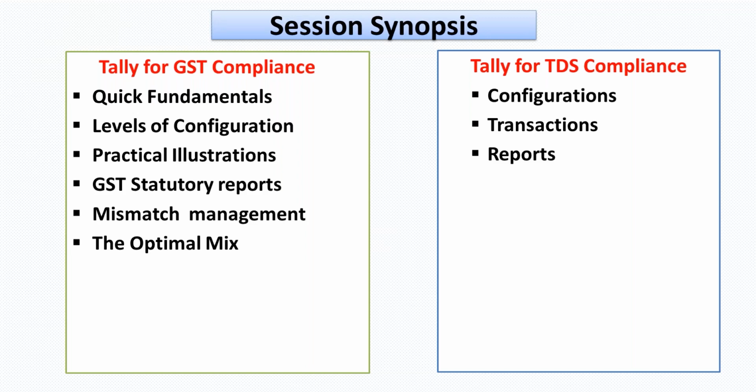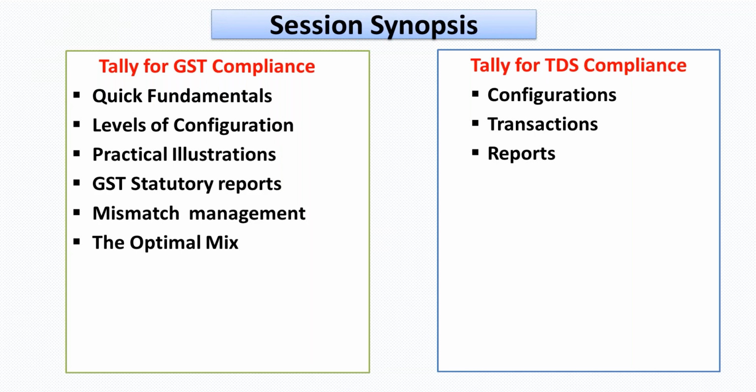Human analytics should be used only wherever the system cannot take care of it, so that we can minimize human errors to a great extent, and quick and reliable information can be generated with respect to the statutory inputs which need to be provided as part of the compliance process.